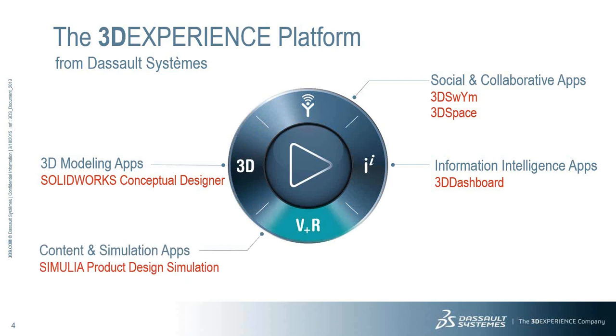Simulation like SOLIDWORKS FEA simulation. Okay. Now, the center of the button provides a 3D experience for your users. The ability to make it interactive, and we'll talk a bit more about that as we introduce the platform a little further.